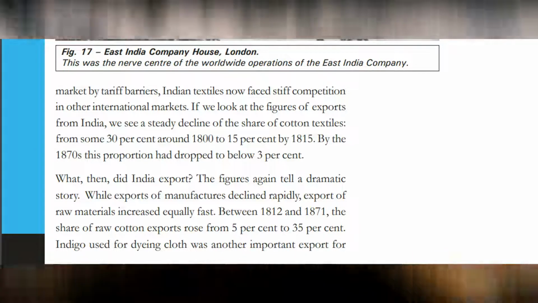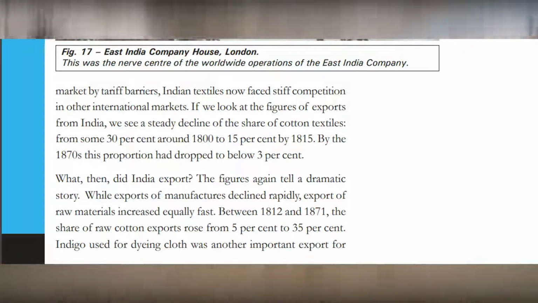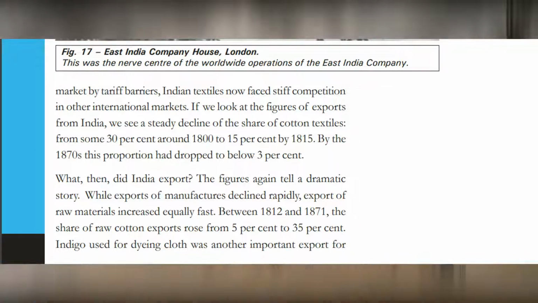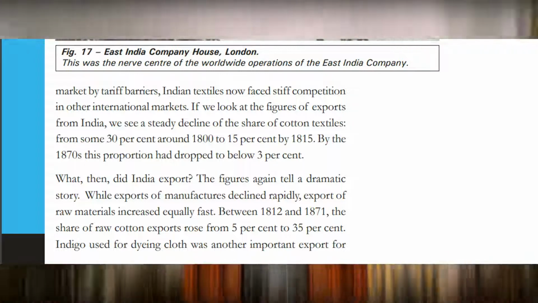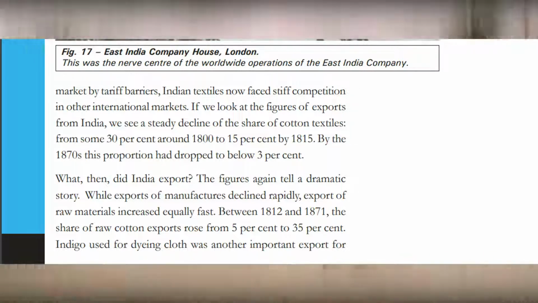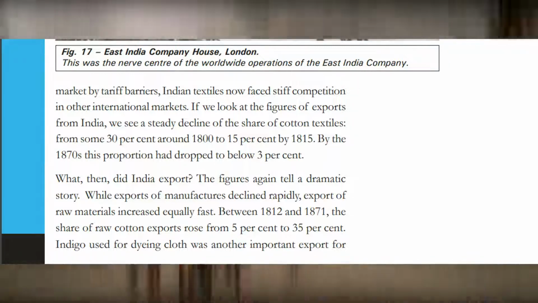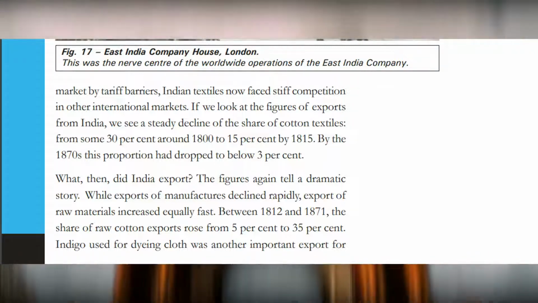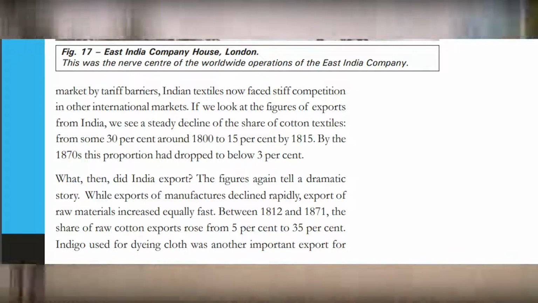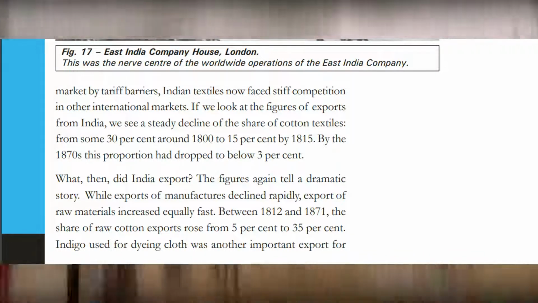What, then, did India export? The figures again tell a dramatic story. While exports of manufactures declined rapidly, export of raw materials increased equally fast. Between 1812 and 1871, the share of raw cotton exports rose from 5% to 35%.